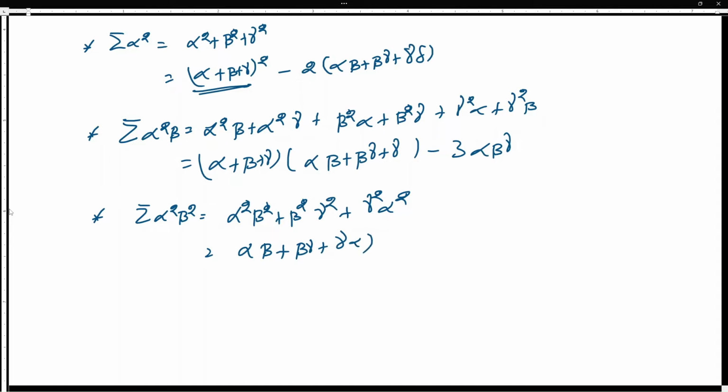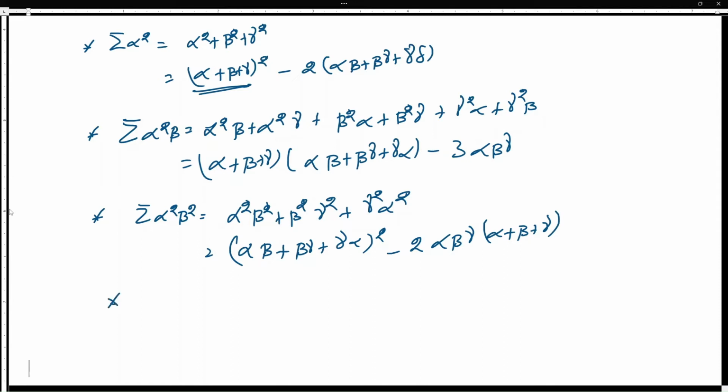Sorry, it will not be delta, it is alpha. In the whole square minus 2 times alpha beta gamma into alpha plus beta plus gamma. Once again, we have to remember these things so easily we can approach the problems.